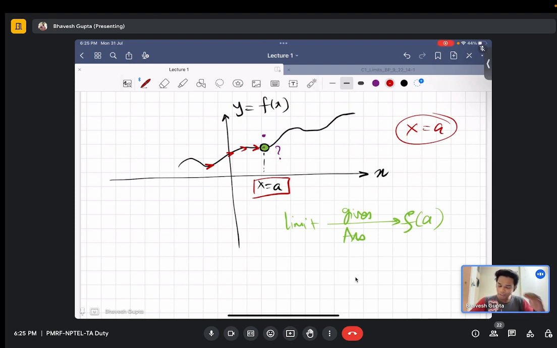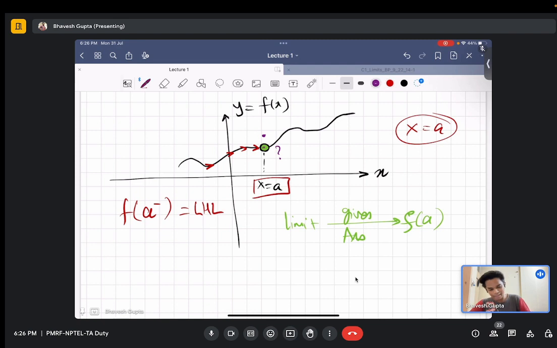So what I do, I try to go as close as possible to x equal to a from the left hand side, and we try to understand what value I have achieved, and we represent that value as a minus, and we call this the left hand limit.